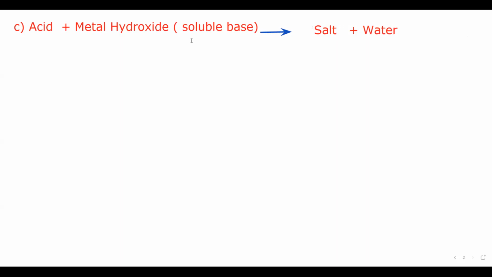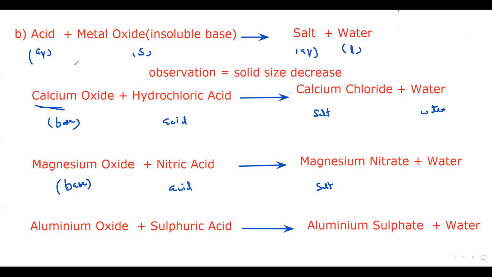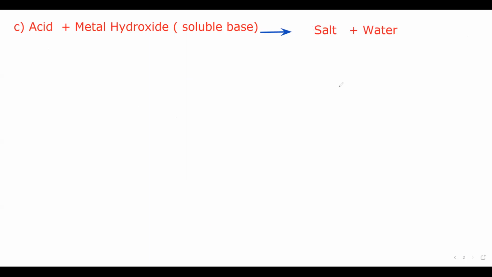So the same result is there. As you can see, in the previous example, acid plus metal oxide gave salt and water, and in this example also, acid plus metal hydroxide. Metal hydroxide is basically a solution. So the product remains the same. If I say we have sodium hydroxide reacted with nitric acid.